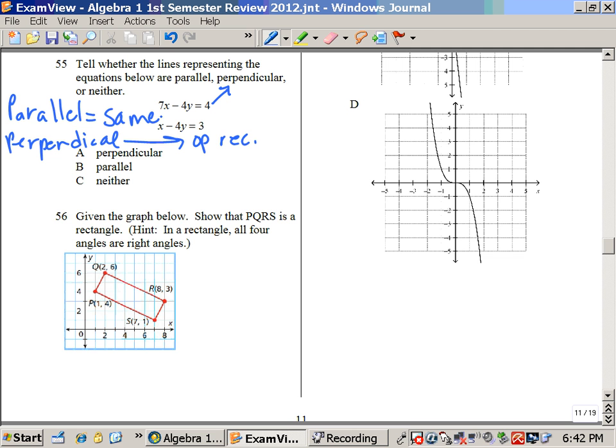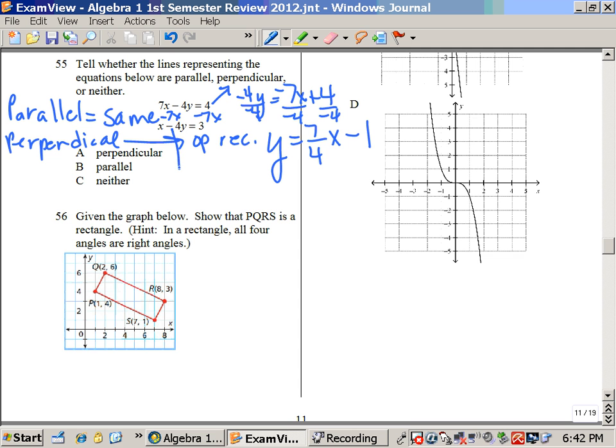I'm going to start by subtracting 7x from each side. That gives me -4y is equal to -7x plus 4. Dividing everything by -4, I'm left with y equals 7/4 x minus 1.